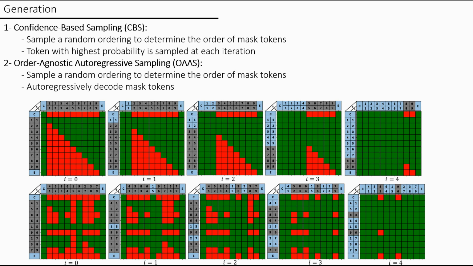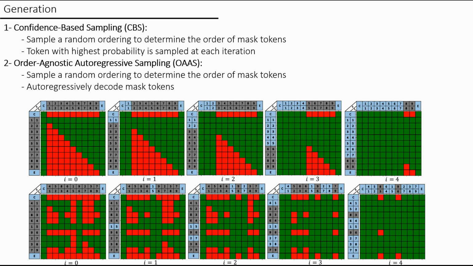At each iteration we decode the mask tokens, and we pick the one that has the highest probability and keep others masked. So at each iteration, we decode the mask token that has the highest probability until all mask tokens are decoded and we get our motion sequence.